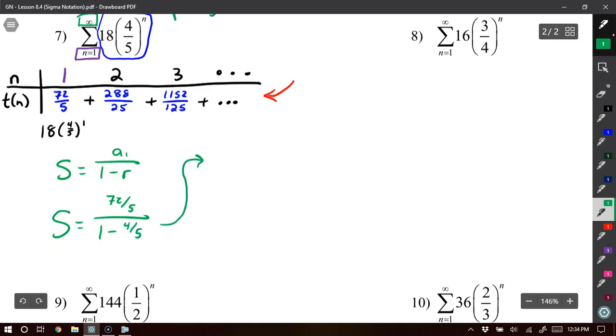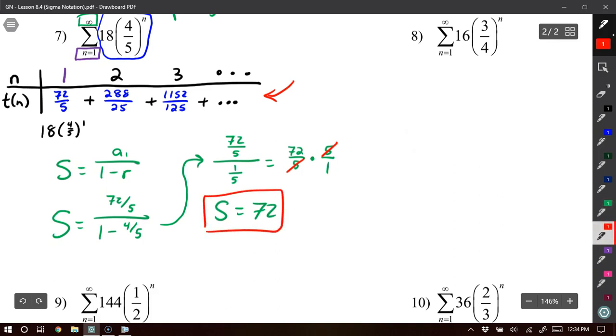So I have 72 fifths, and I'm dividing by, looks like 1/5. There we are, dividing by fractions again. So 72/5, keep the numerator. You're going to flip the denominator and multiply. In this case, the 5s can cancel out, and so my sum is 72. I answered the second part, find the sum of it.